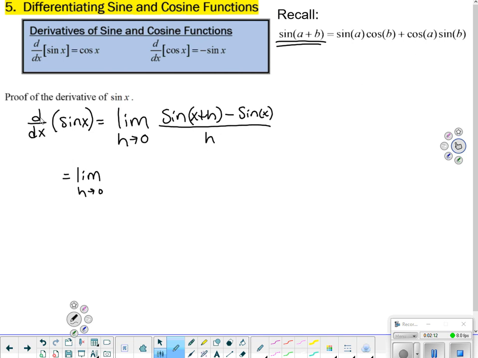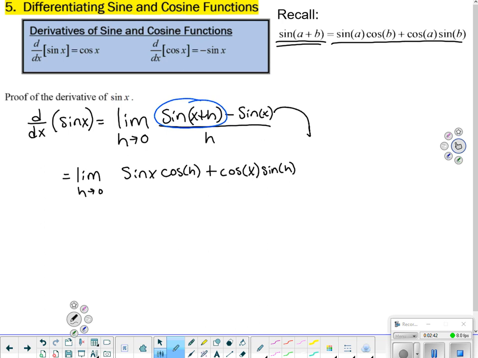We can split this into sine A cosine B plus cosine A sine B. So I'm going to take this right here and rewrite it into sine of x cosine of h plus cosine of x and sine of h. And then I've got this minus sine x still there, all divided by h.